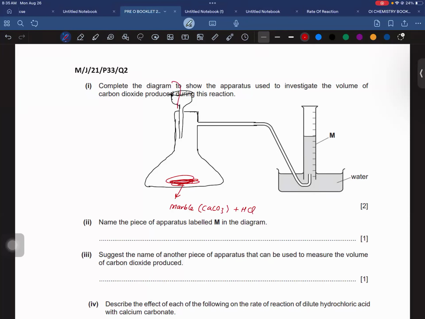I have added HCl over here, so obviously the carbon dioxide would be released just like that. And then I have collected the carbon dioxide in this beaker. Am I right? Yes, sir.